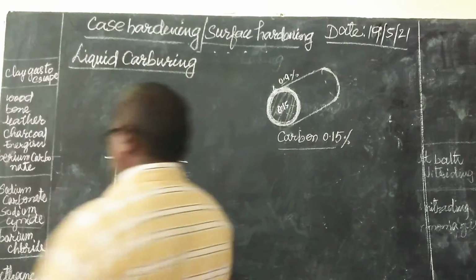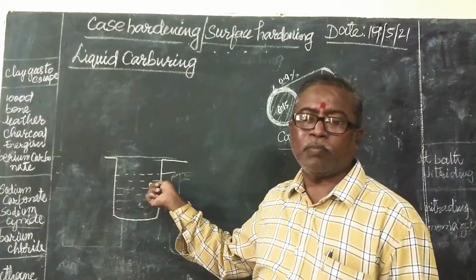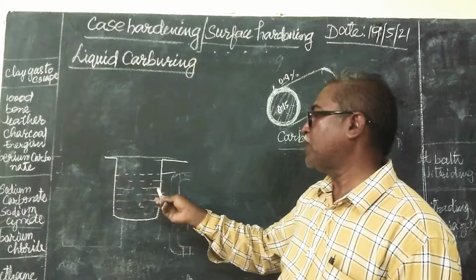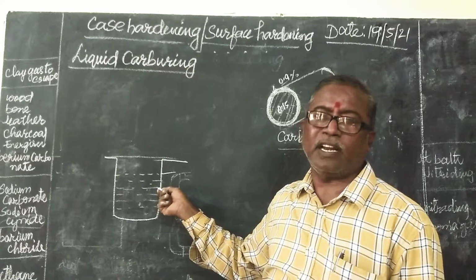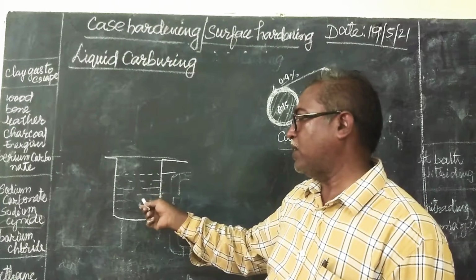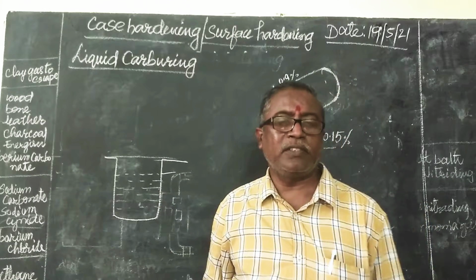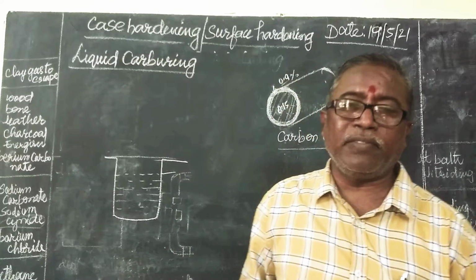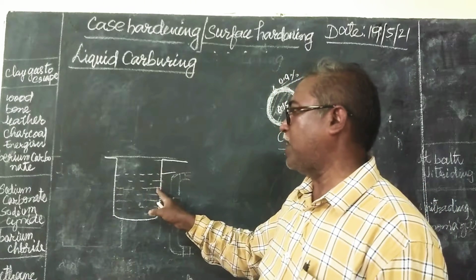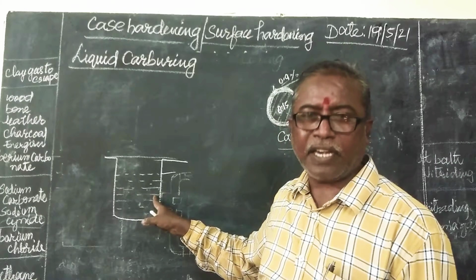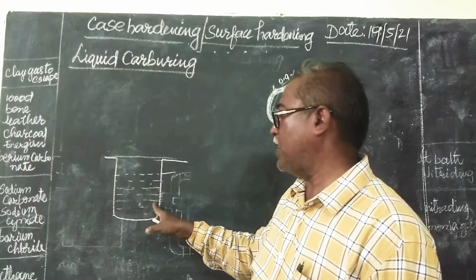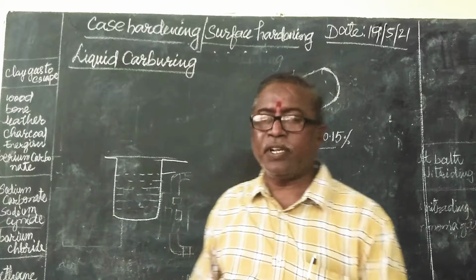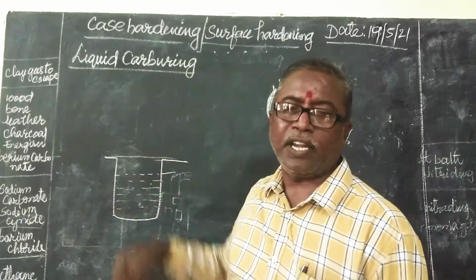Number one is sodium carbonate, a liquid. Sodium cyanide, another liquid. And barium chloride. In that, carbon will be there. Sodium carbonate, sodium cyanide and barium chloride, these are the three liquids mixed together in the container.